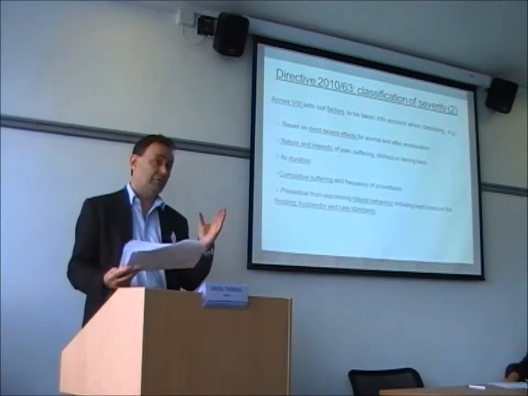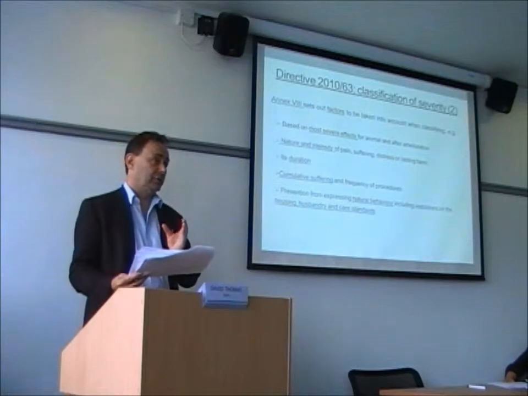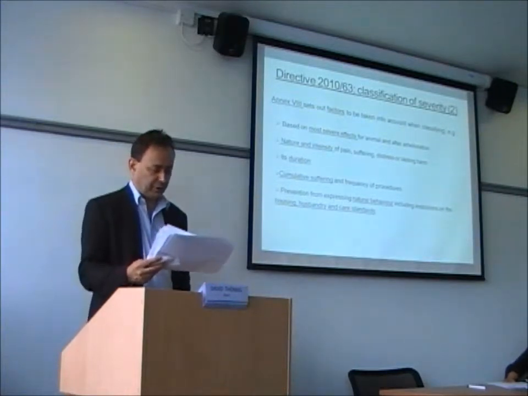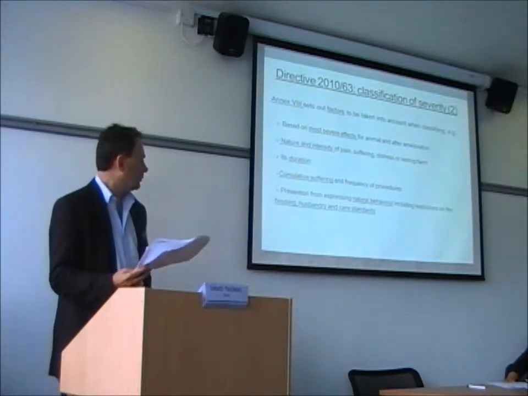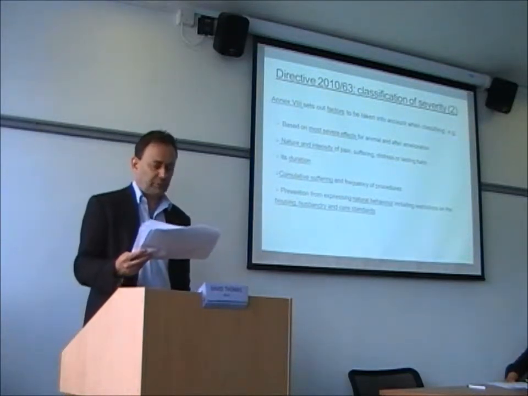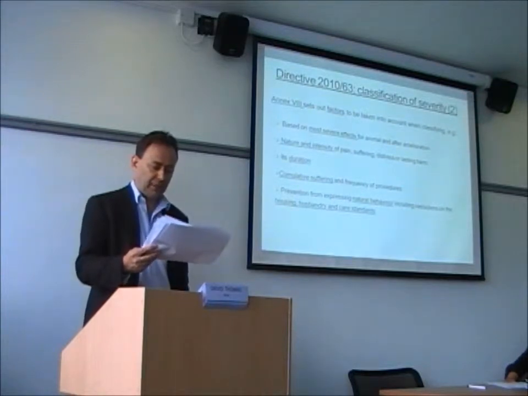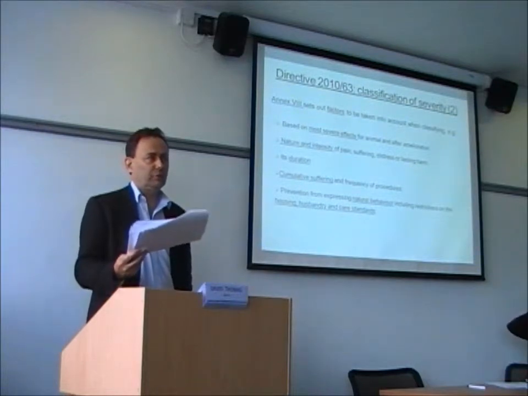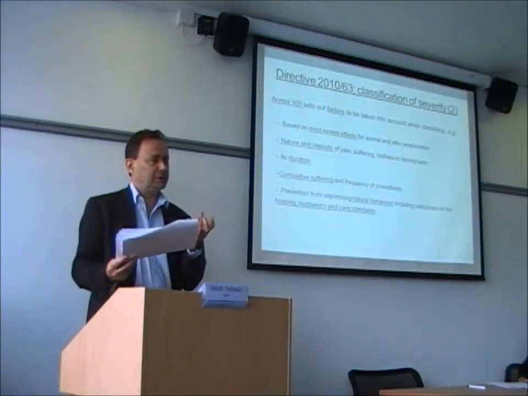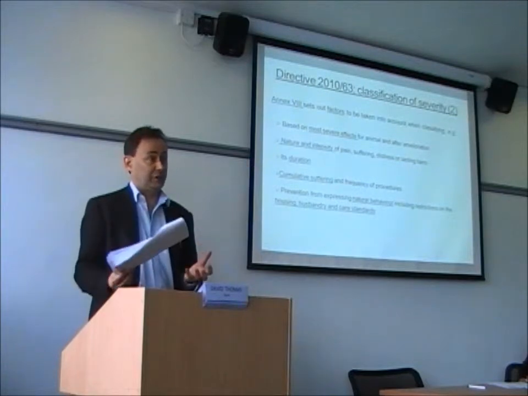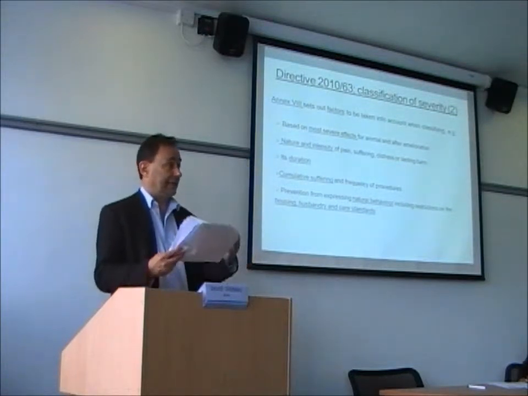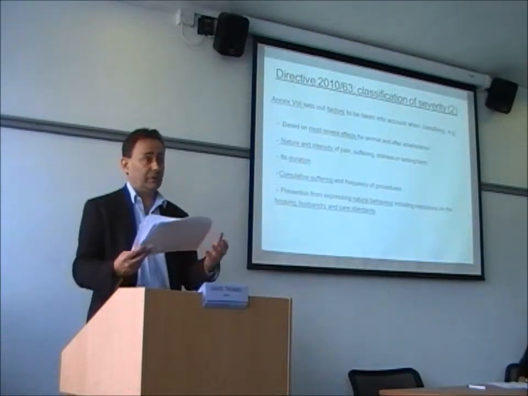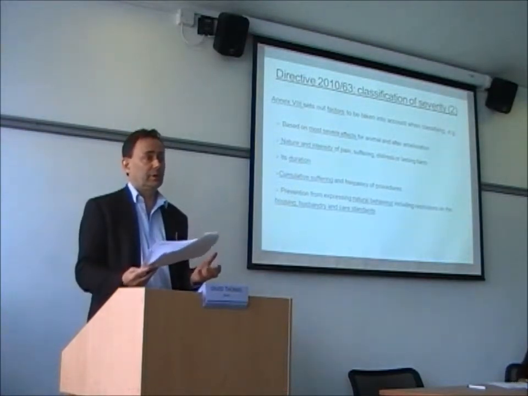Then cumulative suffering, because a number of different techniques are done to animals, so you clearly should take into account the whole experience for the animal, the frequency of the procedures, and very importantly as well, the extent to which an animal is prevented from expressing natural behaviour, including restrictions on housing, husbandry and care standards. This is really important because animals don't just suffer from the actual experiment, they may also suffer from the necessarily confined and restrictive way in which they're housed, even if the housing is done properly in accordance with codes of practice and so forth.